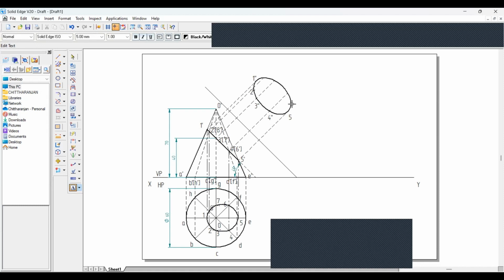So, like this, six double dash, seven double dash, and eight double dash. This is the answer for that question.